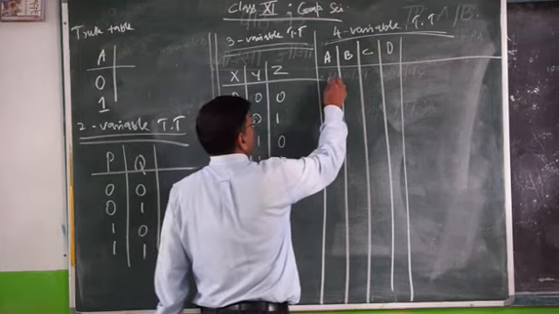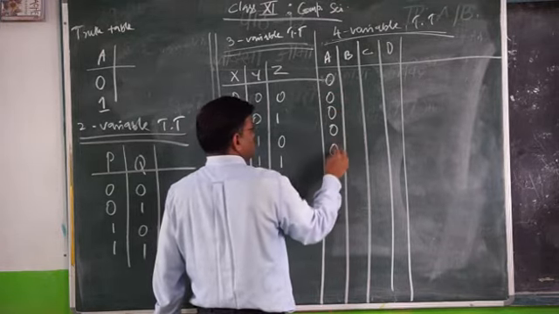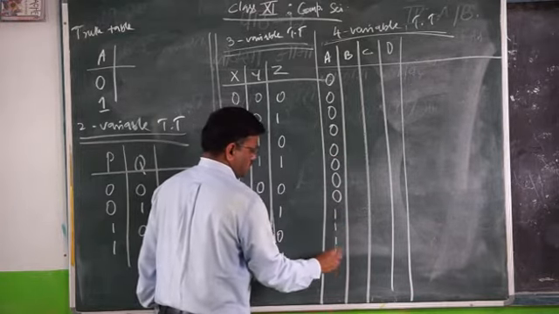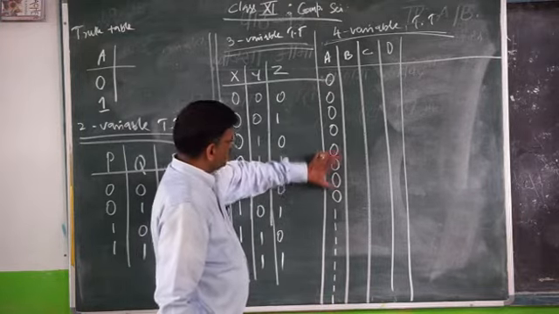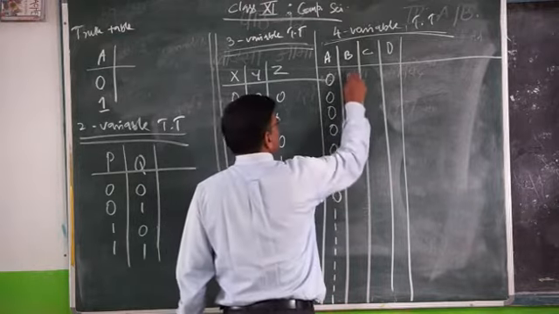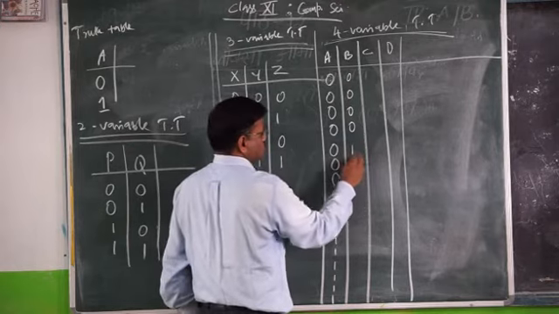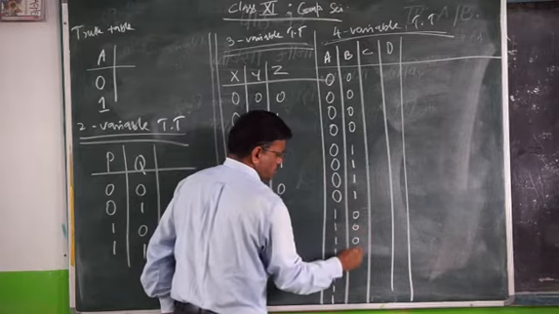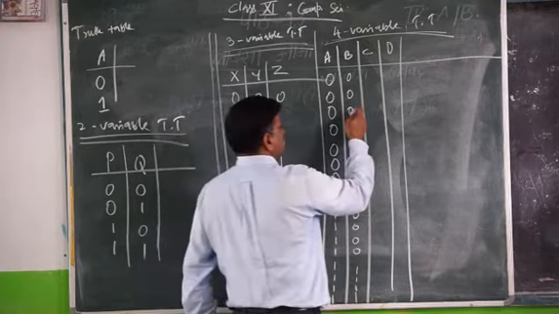So let's see that. 8 zeros, 8 ones. Half of 8 is how much? 4. 4 zeros, 4 ones, 4 zeros, 4 ones.